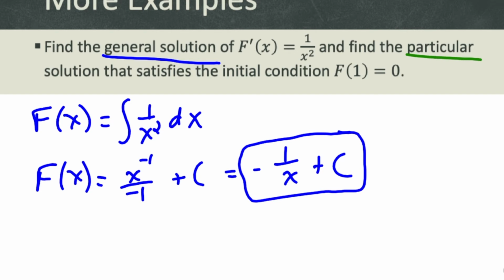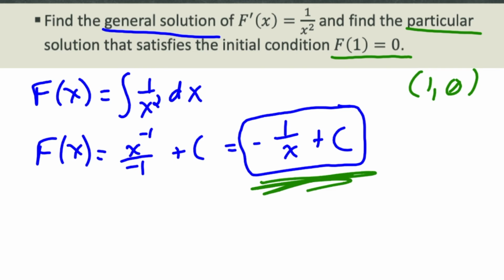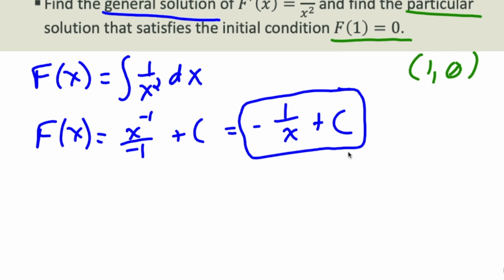The particular solution, what this means is we want to get an exact number for c, and in order for us to do that, we need a little bit more information. And we're actually given that information up here. We're given that F of 1 is equal to 0. That means that we have this point (1, 0) that lies on this curve. So let's go ahead and plug in our values for x and y and see what we get.